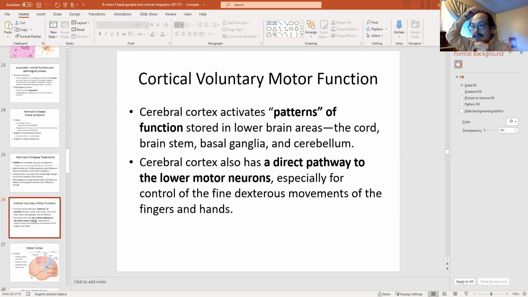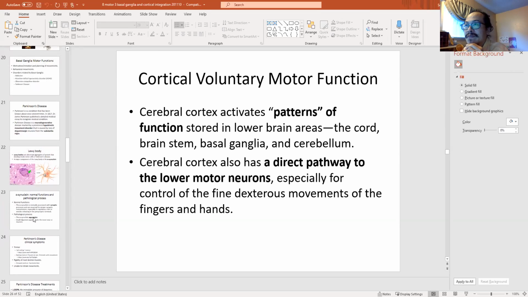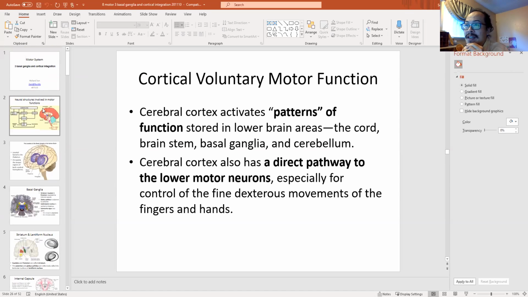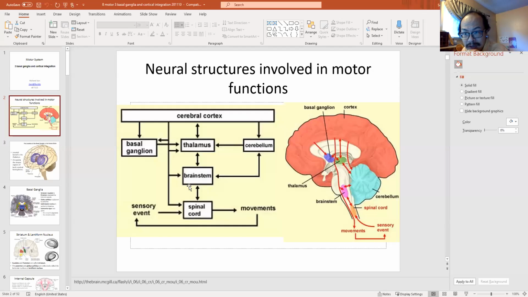Your motor cortex will just send out one signal, activate locomotion, and then the spinal cord will start to walk. That's the function of the motor cortex. So we need to have an idea that all the different lower motor areas, like we mentioned here, each store a small program, like an app.